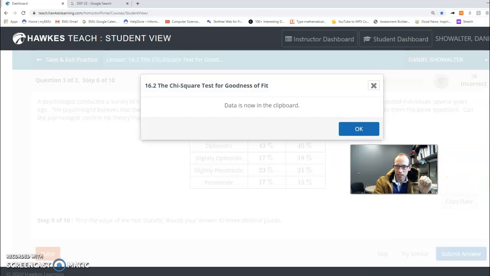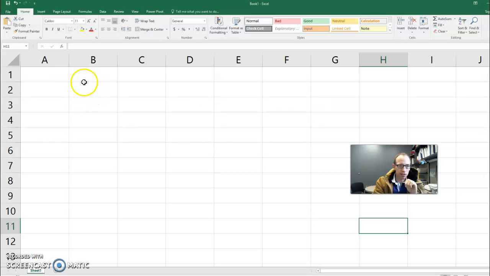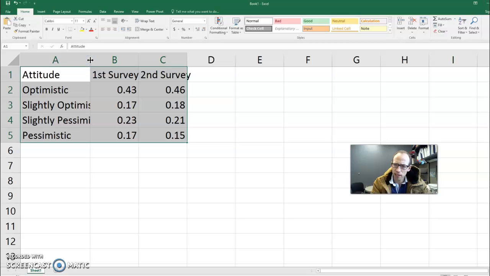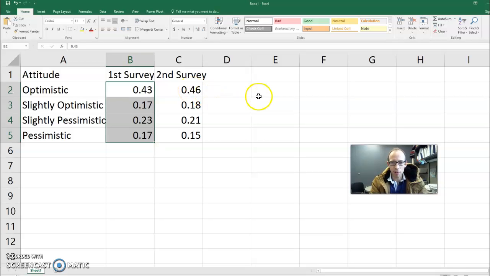So if I copy the data here and pull up an Excel sheet and paste that, with Control V, or Command V on a Mac, that gives me my data here. These are my expected proportions, but what I need is the expected numbers.